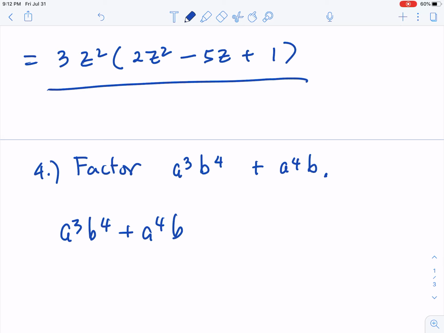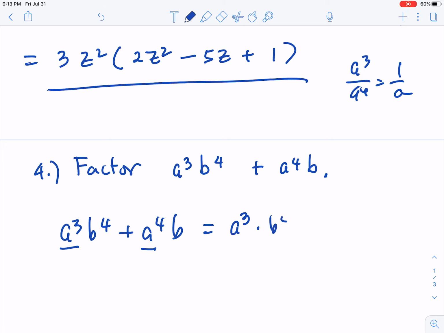Kasi hindi mo naman pwedeng i-divide yung malaking exponent dun sa maliit na exponent kasi magkakaroon ka ng 1 sa numerator. For example, a cubed divided by a to the fourth, magiging 1 over a ka. Which is hindi pwede. Kaya, ang pipiliin mo pag nag-factor ka ay yung mas maliit na exponent. So, between the two, mas maliit yung a cubed. So, a cubed yung ilalabas mo.